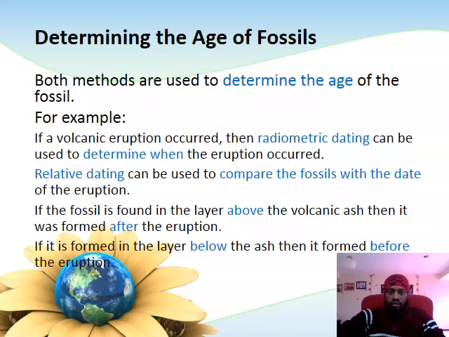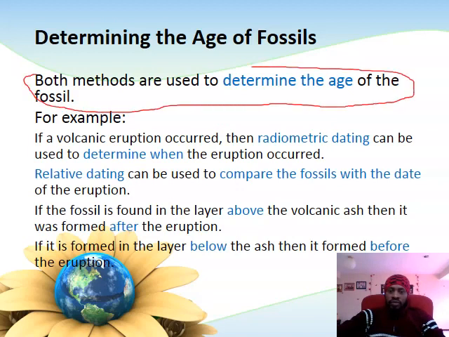Okay, now that we have looked at both methods of determining the age of the fossil, it's good to know that both methods can actually be used together. For example, if we have a case where a volcanic eruption occurred at a particular period and era, then because the organic molecules that make up the body parts of all organisms contain carbon-14, we can use radiometric dating to determine the age of a fossil that formed during that period.